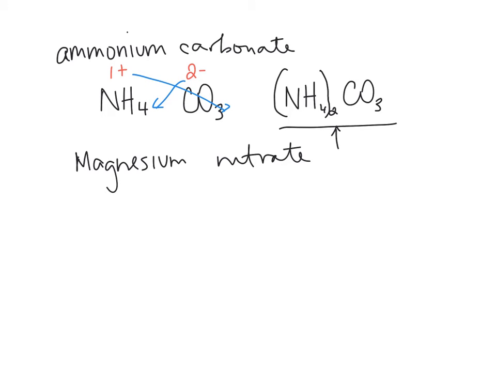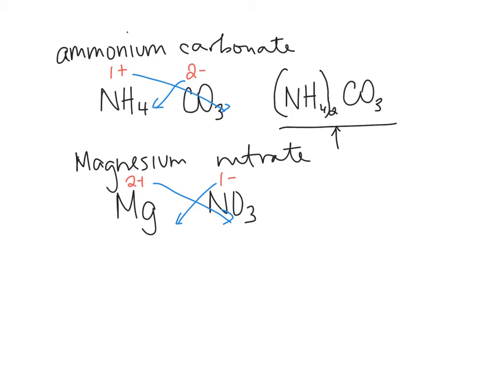Here's another example where you're going to have a subscript with a polyatomic ion. So magnesium nitrate. So this is Mg, this is NO3, and the charges, this is 1 minus, this is 2 plus. They're not the same, so we do have to do cross and drop.